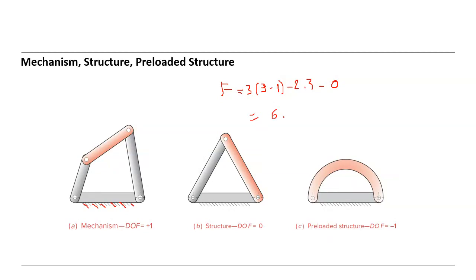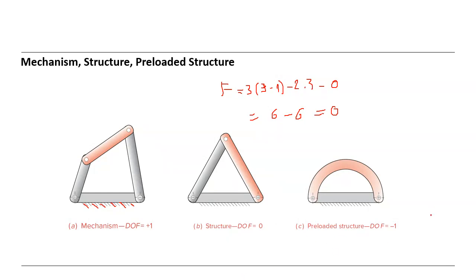Here 6 minus 6 is equal 0. So it is also seeable that it doesn't work. It cannot move. So we call it structure. Degree of freedom is 0.